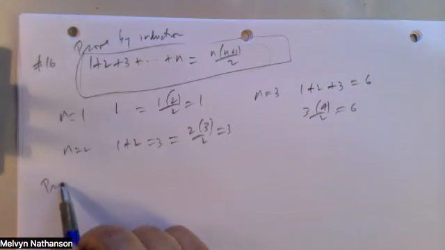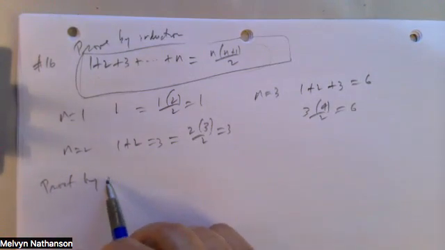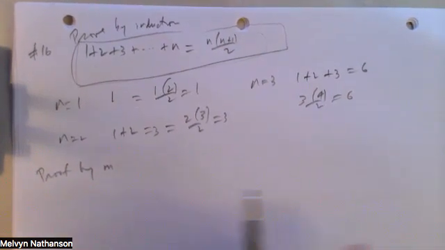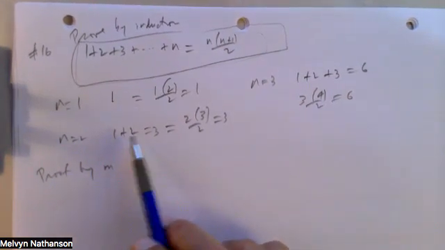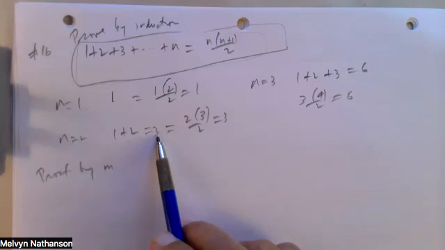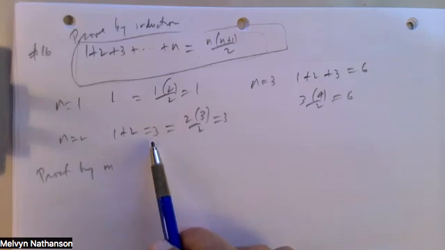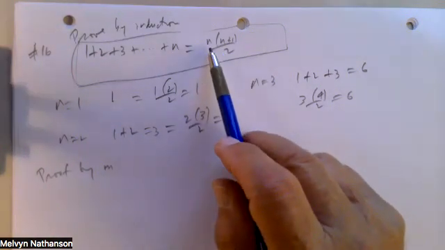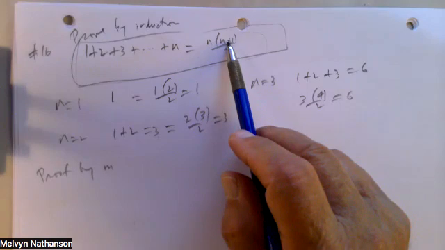So proof by induction. Wait, for n equals 2, why did 1 plus 2 equal 3? 1 plus 2 equals 3. Why? You're asking why is that true? No, because for n equals 1 you put the 1 here, equals 1 times 2. Right. What you're putting on the right-hand side is n times n plus 1.